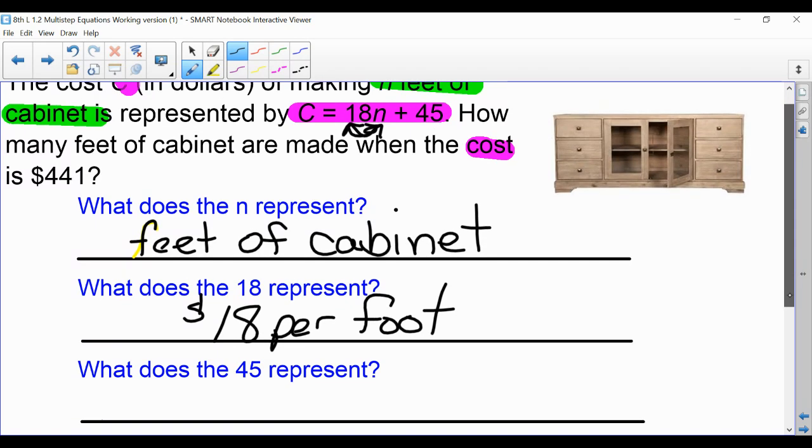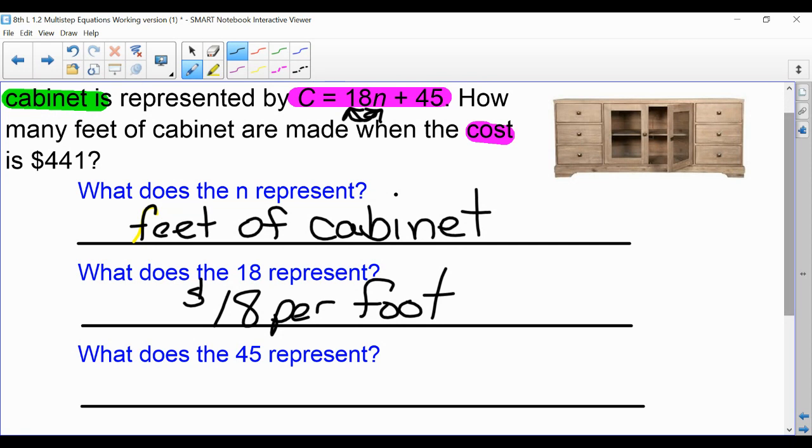What does the 45 represent? So the 45 is going to represent something that does not change. So it could be a couple different things in this situation. It could be a deposit, right? You might have to put a set deposit down when you order a cabinet to be made. That way, if you cancel, the person who's making the cabinet doesn't automatically lose all the money. It could be the cost of a piece of equipment that was purchased to build all of these cabinets over and over again.